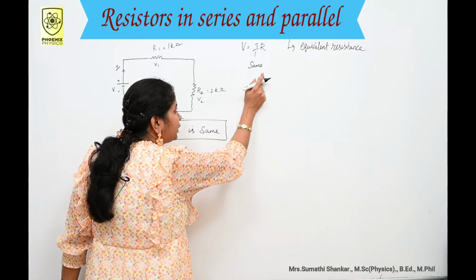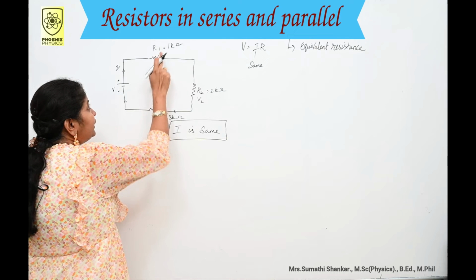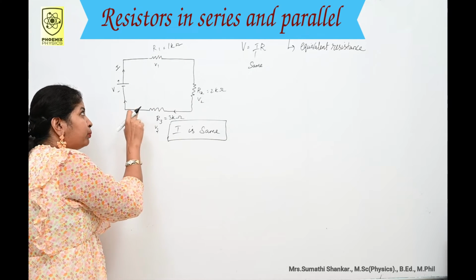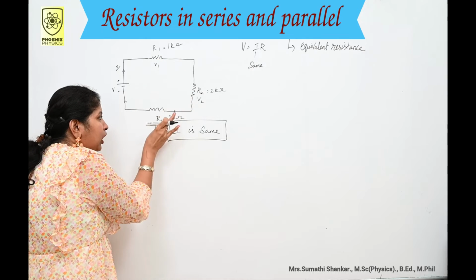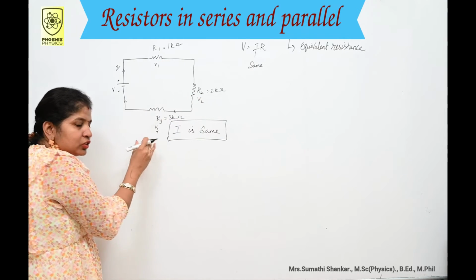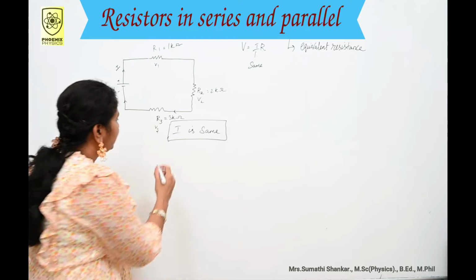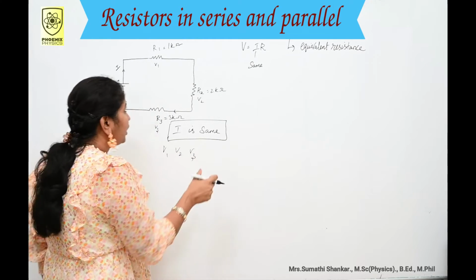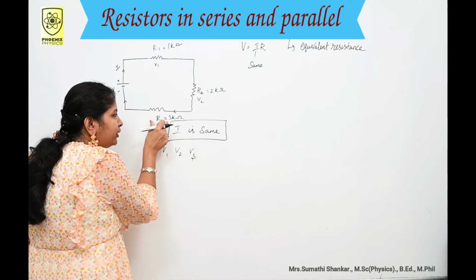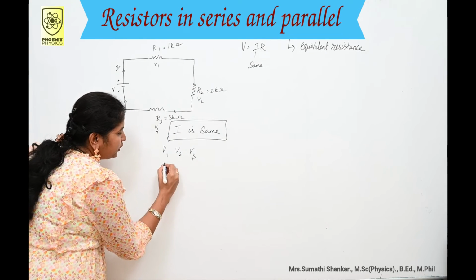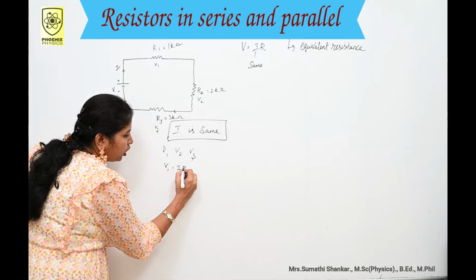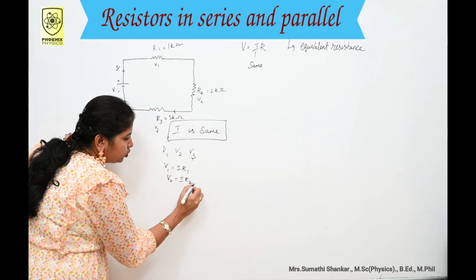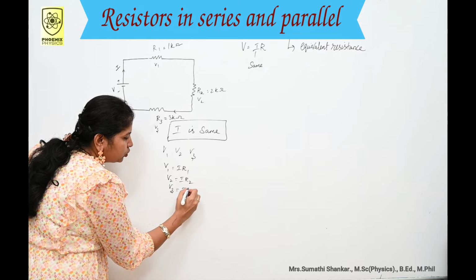The potential difference developed across these three resistors will be different. Let V1, V2, V3 be the potential difference across R1, R2 and R3. You can write V1 is equal to I into R1 because I is same. Then V2 is equal to I into R2. V3 is equal to I into R3.